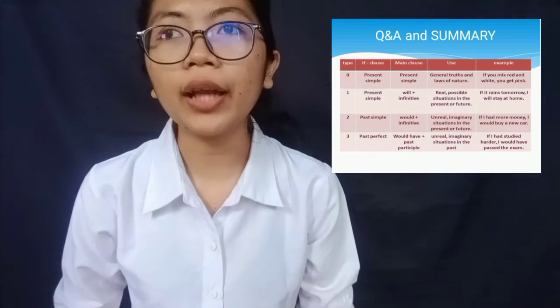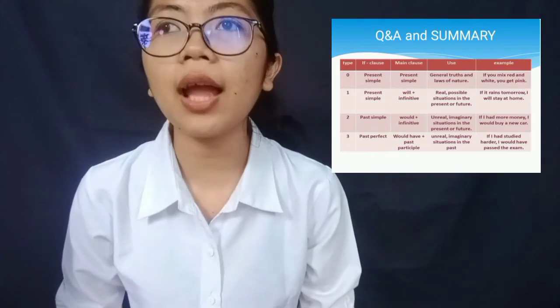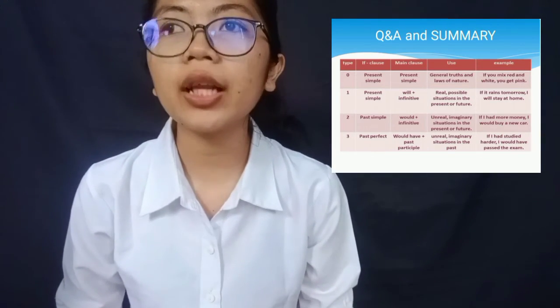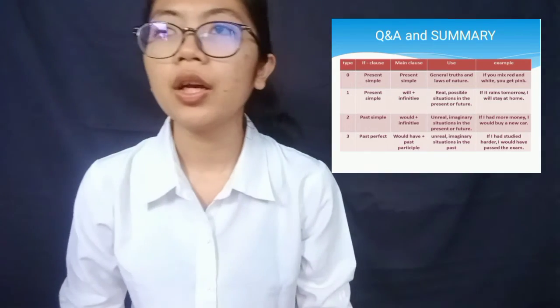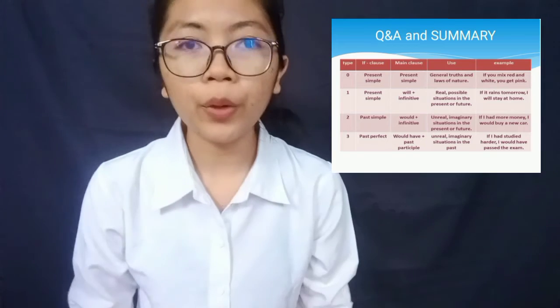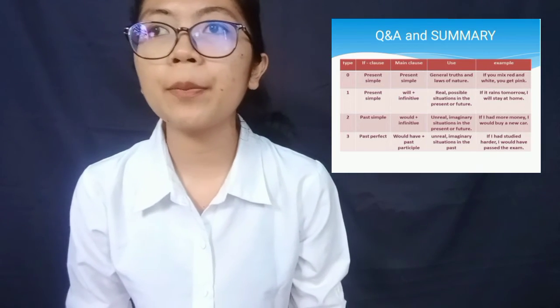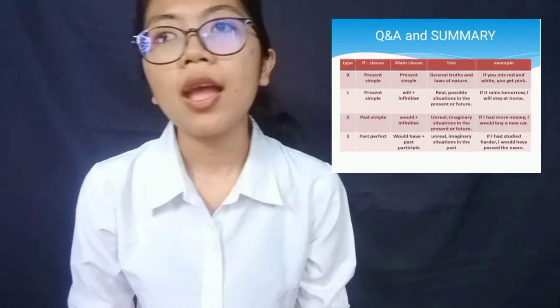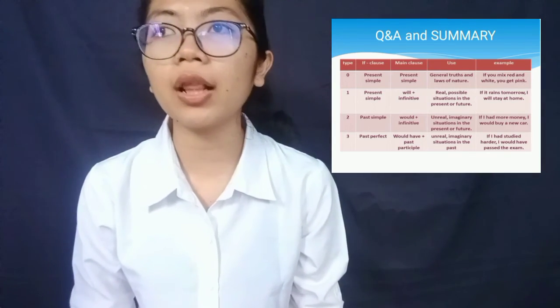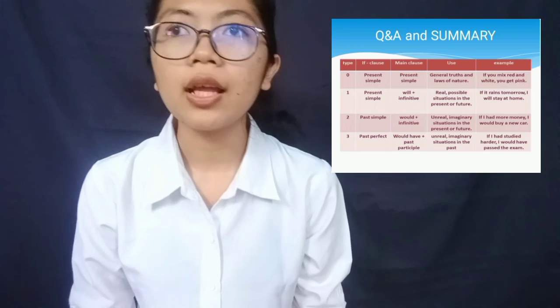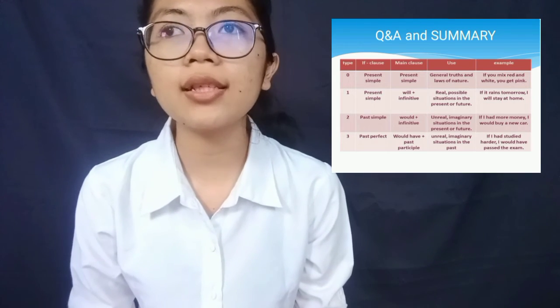Type 1 is used to tell a real and possible situation in the present or future. Type 2 is used to tell an unreal and imaginary situation in the present or future. And the last, type 3, is used to tell an unreal and imaginary situation in the past. So it means impossible to happen.